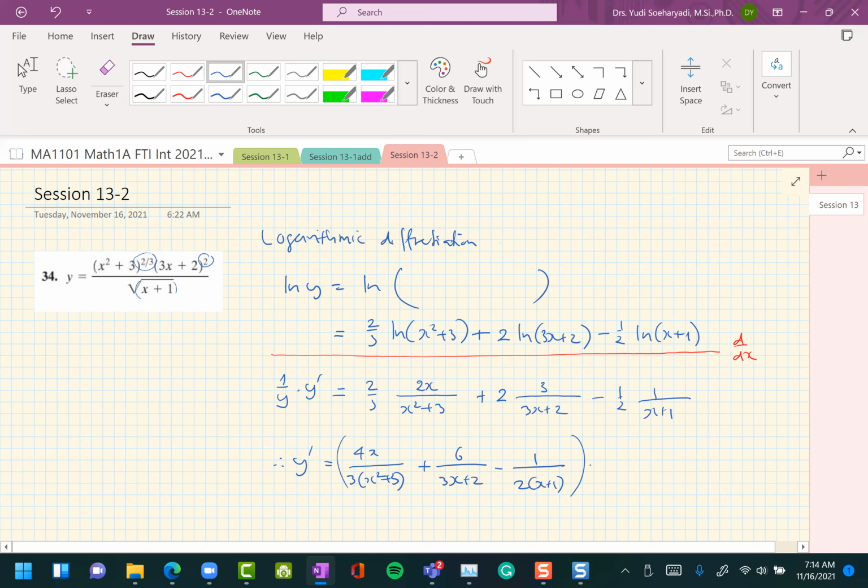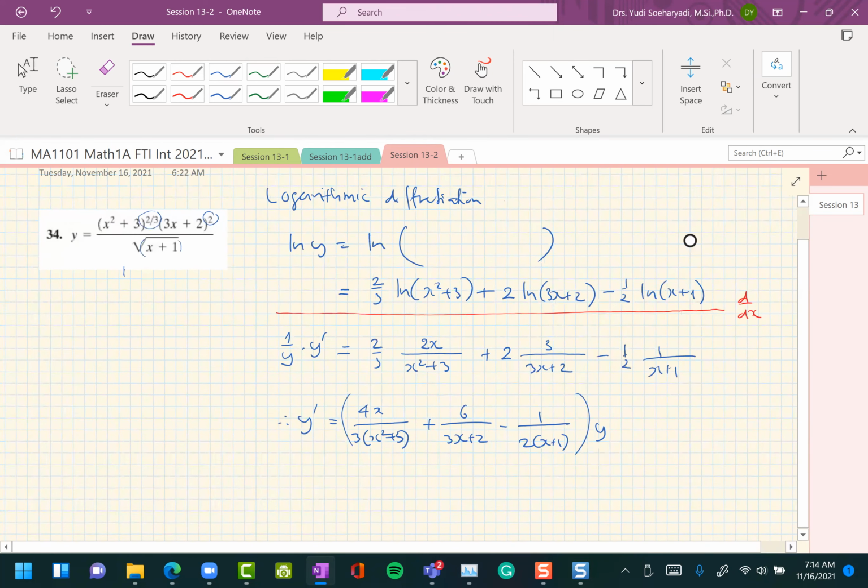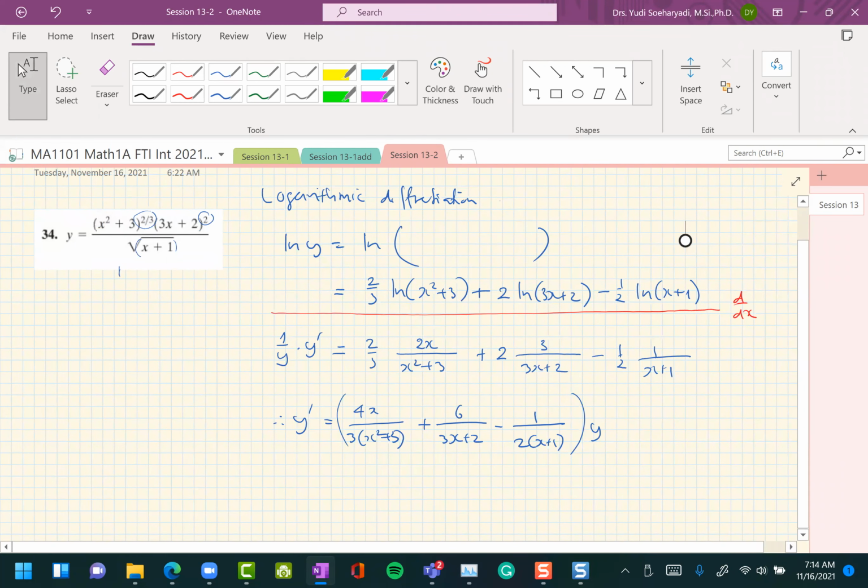Then multiply by y. Of course, you can expand y as this one here. So this is what we mean by logarithmic differentiation. Right? Questions?